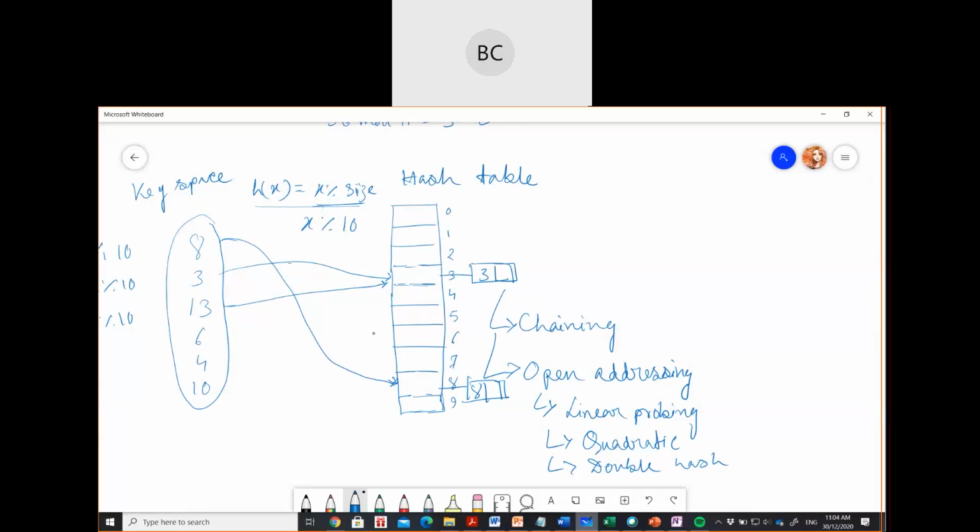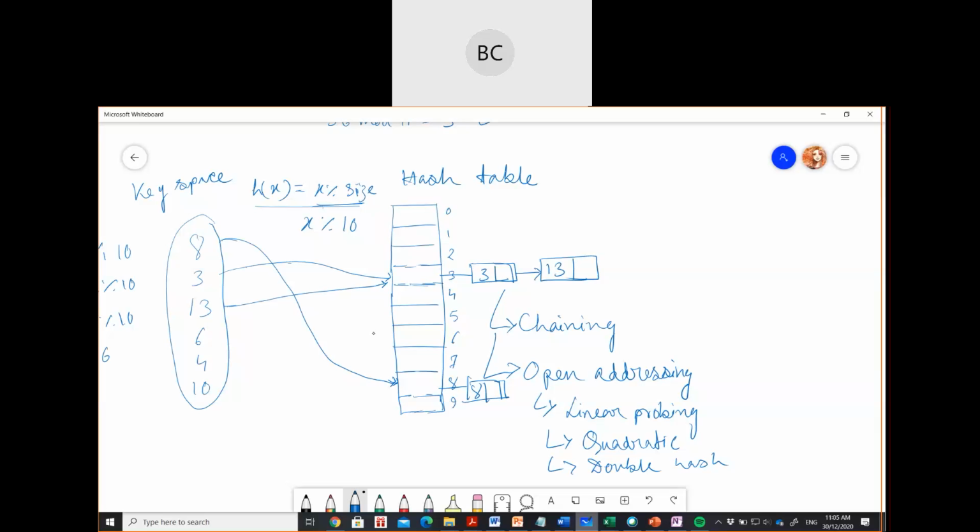Next 13, same index 3, so I'll just add another node for 13. Whenever 3 and 13 show the same index, in the general way we cannot store two things at the same index, but when we use chaining, which is a linked list, we can store as many values as we want.